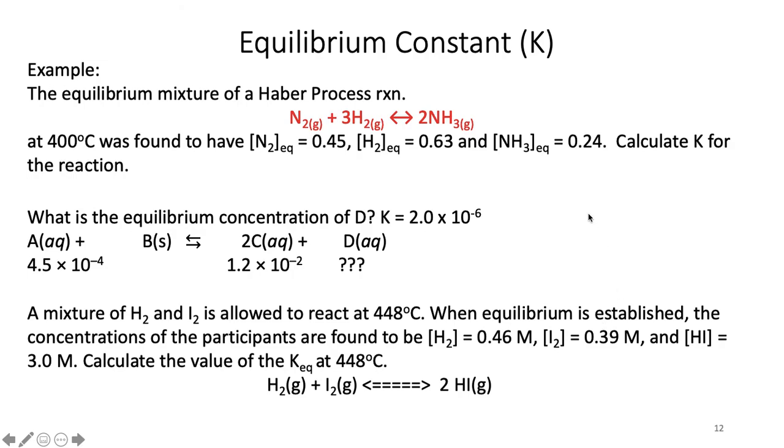Here's another slide with how to do equilibrium constant calculations, and I will show you how to do them, whether it is to calculate the K value for the reaction if you're given concentrations of all your species, or if you're given a value for K and values for two of your species and calculating the other, etc. So I will work these problems in a separate video as well and put the link here, so watch for that.